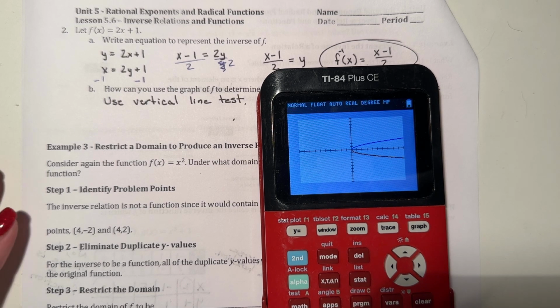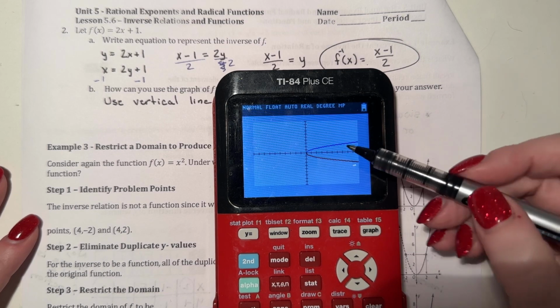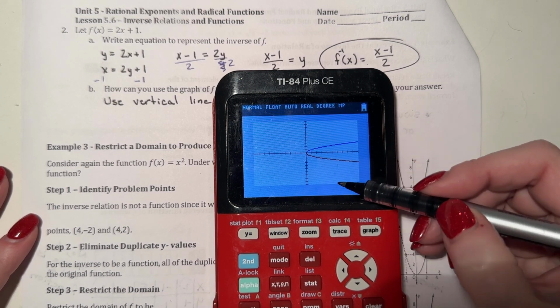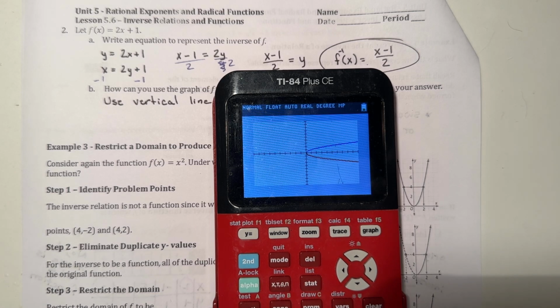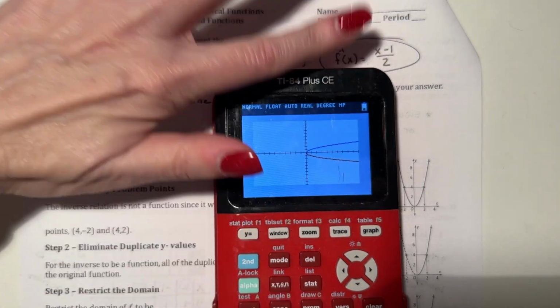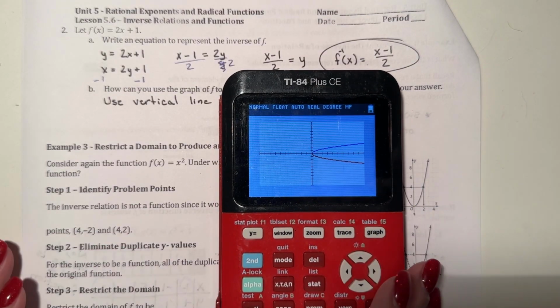So here's that original graph that we saw. If we draw a vertical line right through here, you'll notice it touches the red and the blue line, both of them, which means it would fail the vertical line test. That means that your x value has multiple y values associated with it, so it is not a function. Okay?